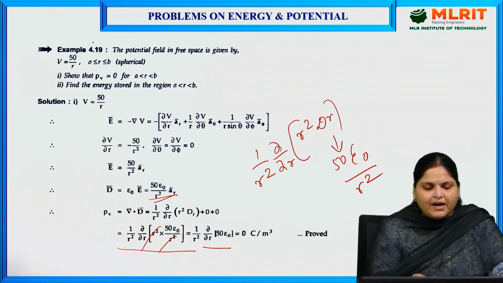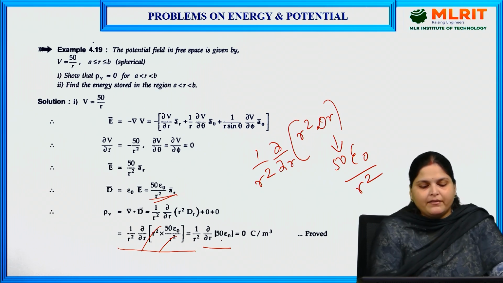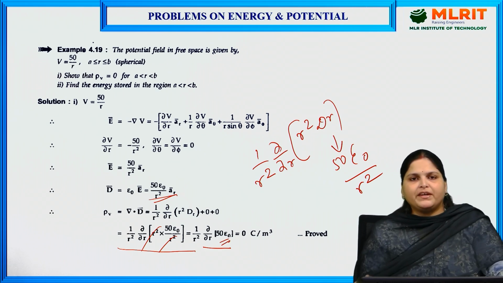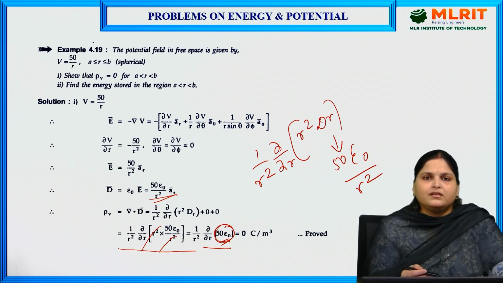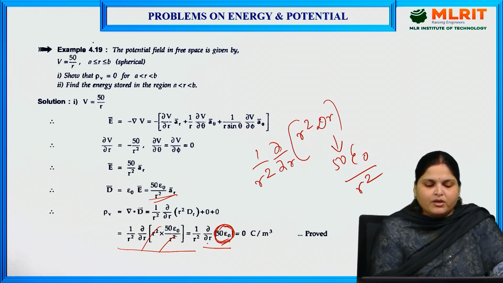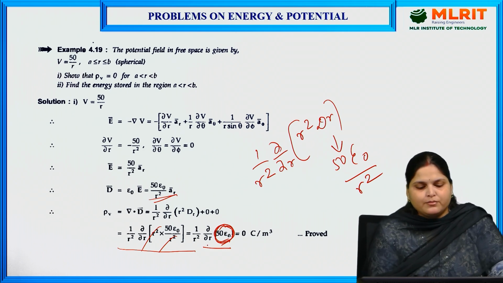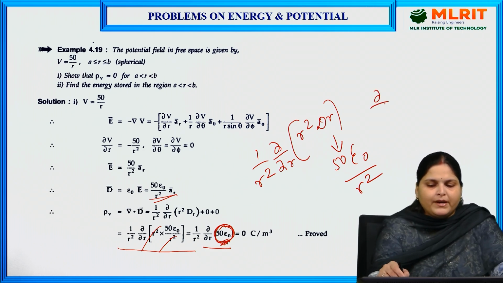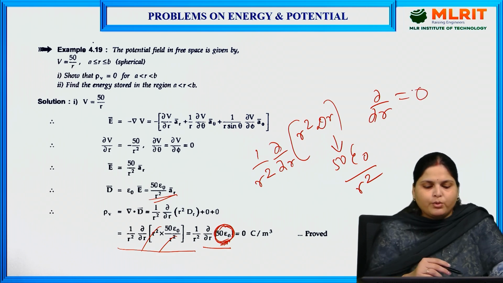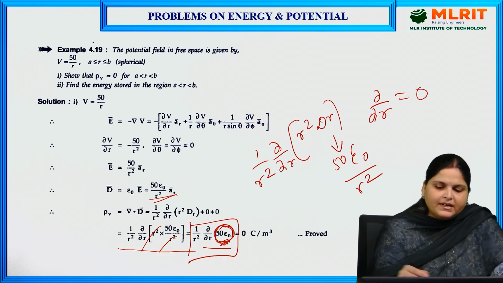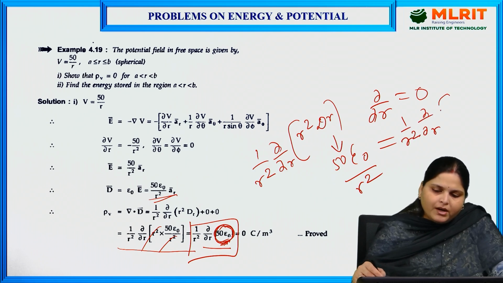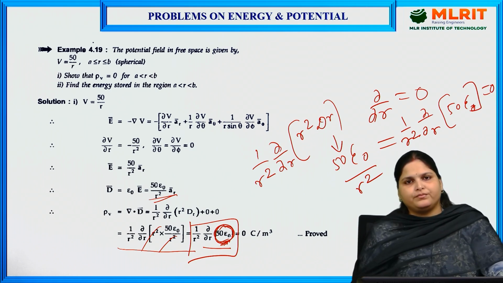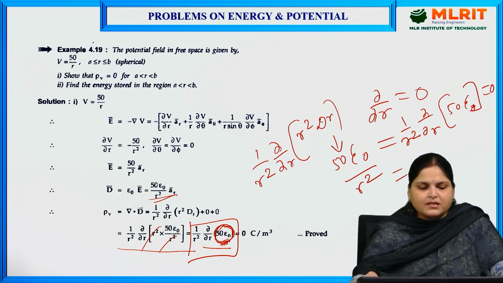Now if you see, the r term is cancelled, so we don't have any factor to differentiate. So this is basically constant for this partial differentiation because there is no r term. So ∂/∂r will become 0, and ultimately this entire term 1 upon r square ∂/∂r of 50 epsilon naught will become 0. So the answer is 0.